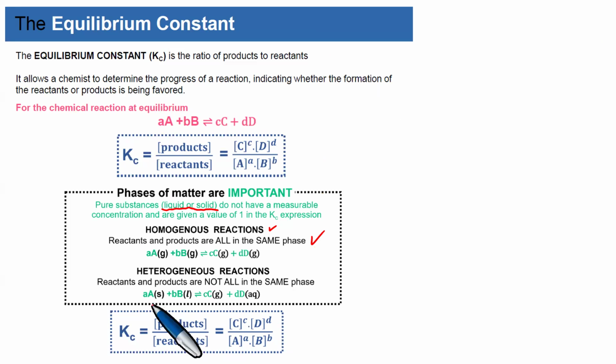But now what we're noting here is A is in the solid and B is in the liquid, C is in the gaseous state and D is in aqueous. So now the Kc is going to be exactly this way, but we take the concentration of the products because Kc is the ratio of products to reactants.